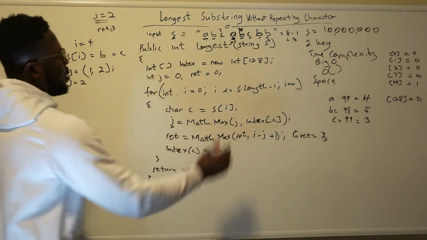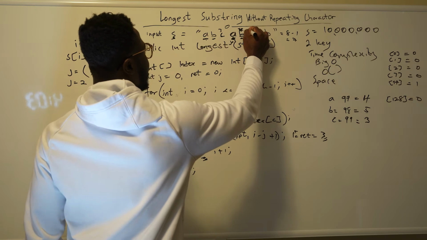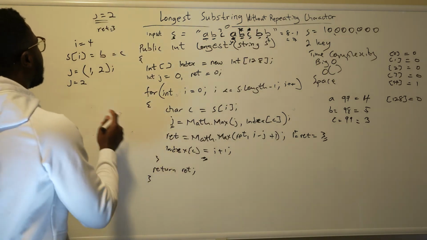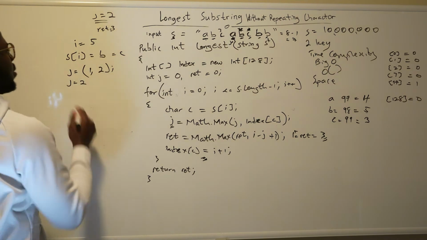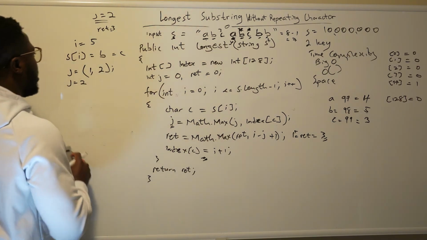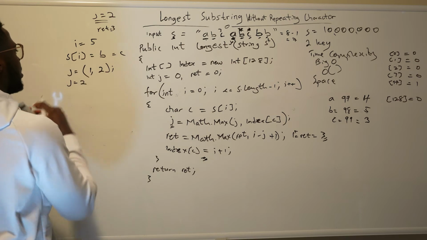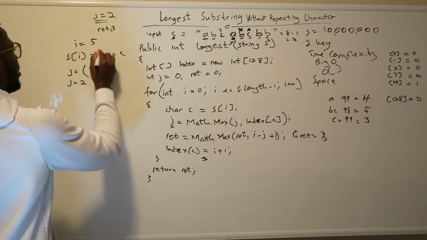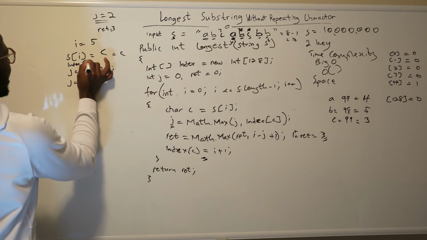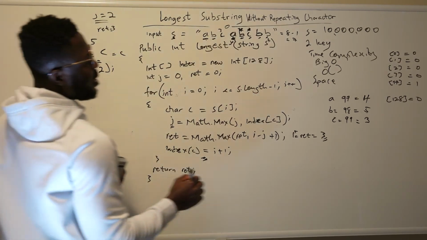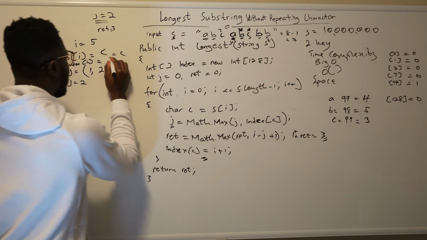Perfect. Then we move on to the next one, which is C. So I at 5 is C. S at I, which is C. And the value C, index at C gives us 3, right?